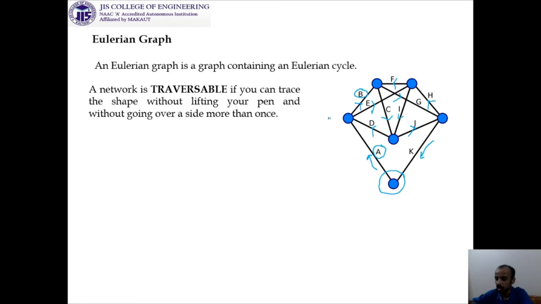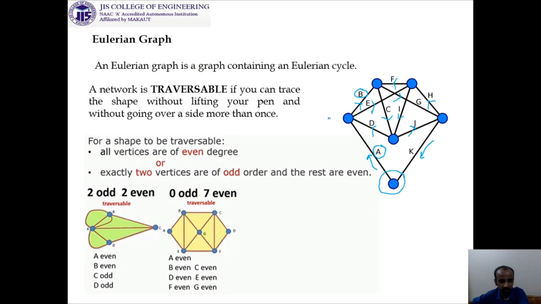Look at this. We have unknowingly experienced the thing which is the catalyst, you can say, of the birth of a huge important part of mathematics called graph theory. So let us check what that is.